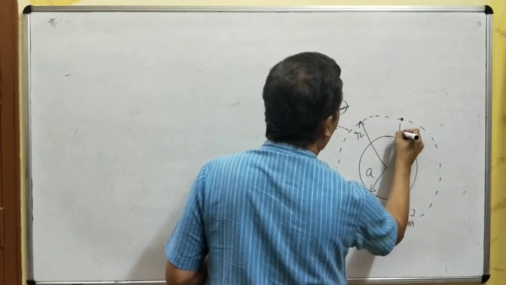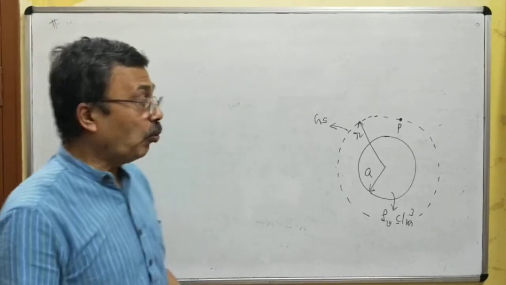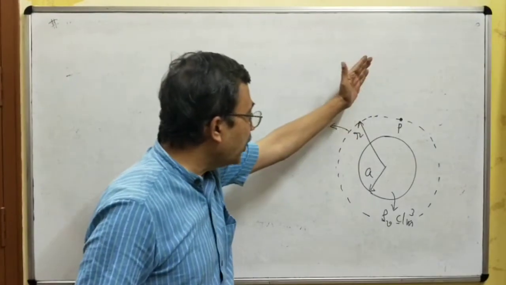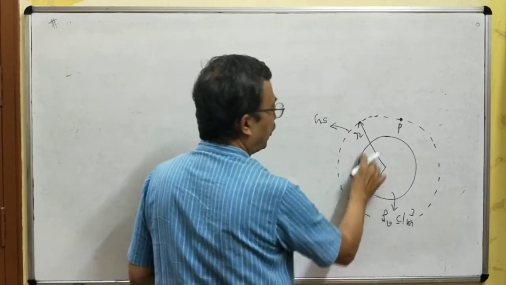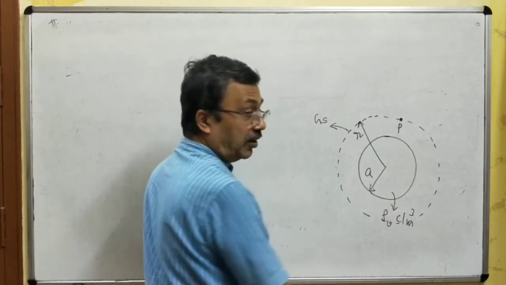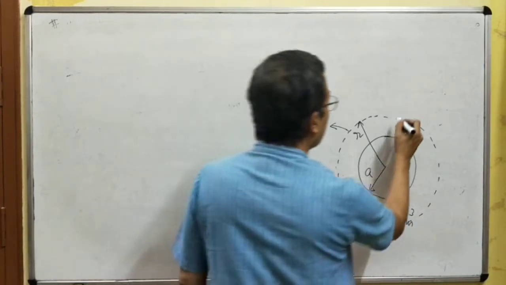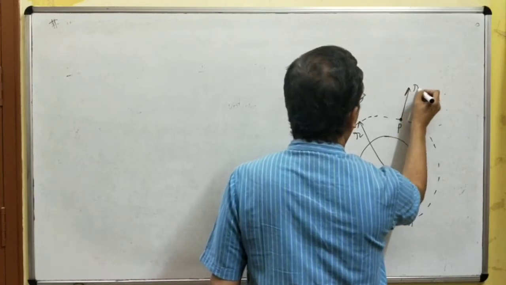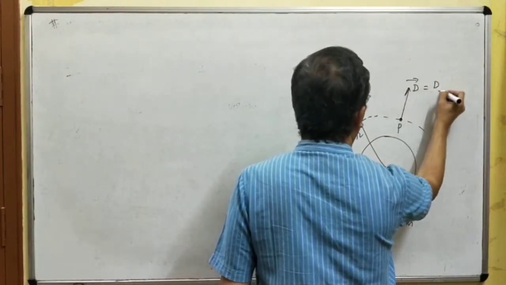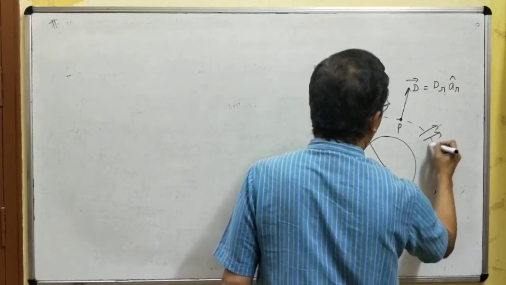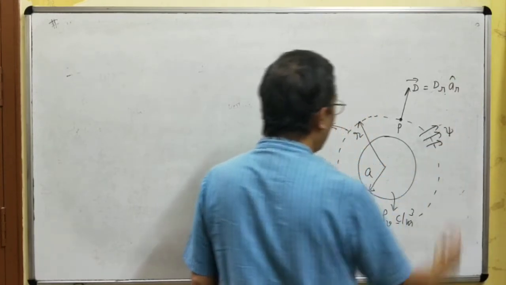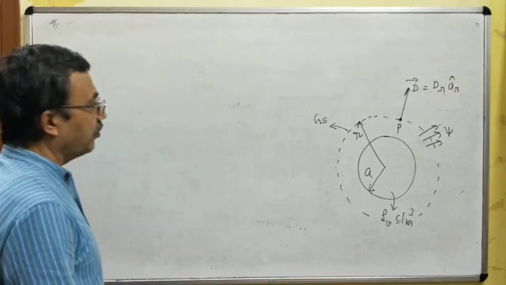If you keep 1 coulomb charge at point P, it will be repelled because this sphere is positively charged, the density rho v coulombs per meter cube. Vector D is in the radial direction. Vector D is equal to Dr into ar cap. These are the sample flux lines coming out of the Gaussian surface.